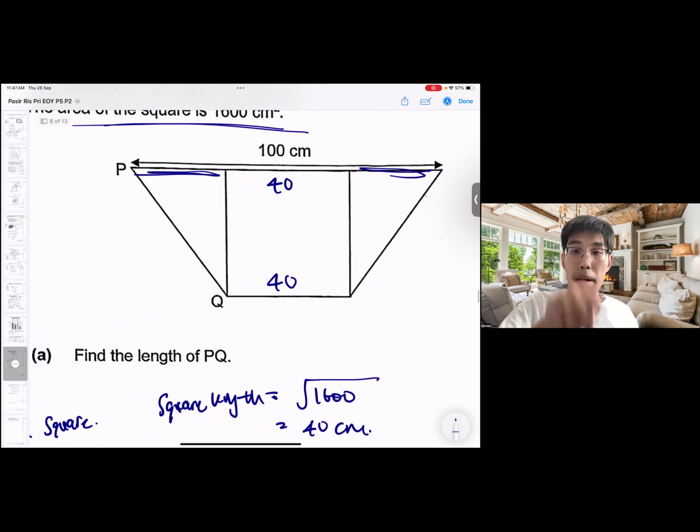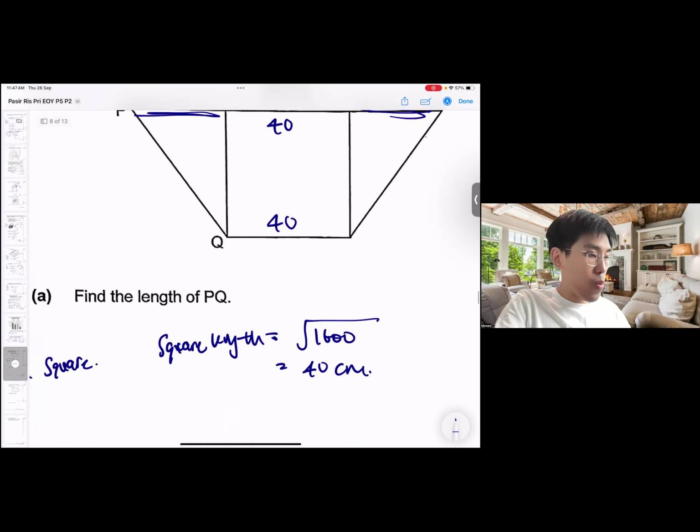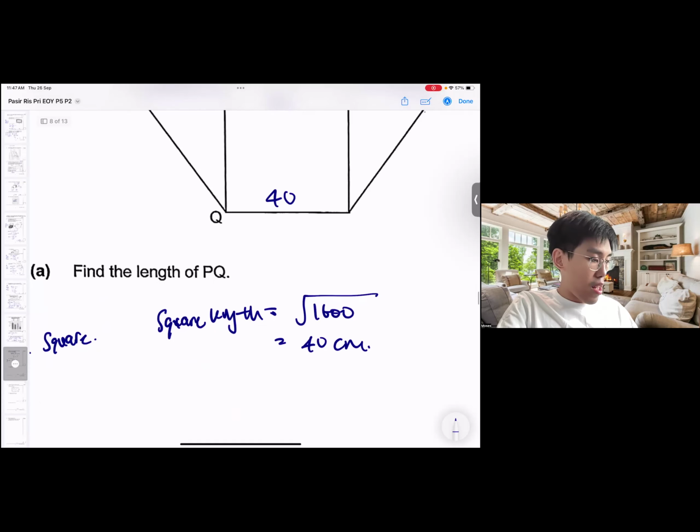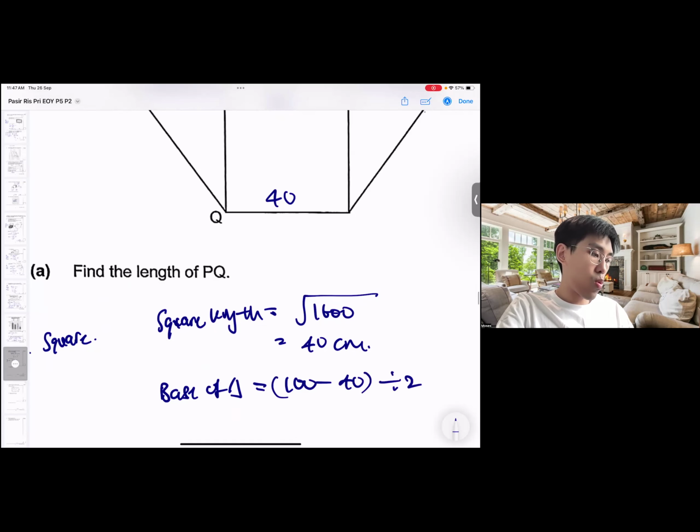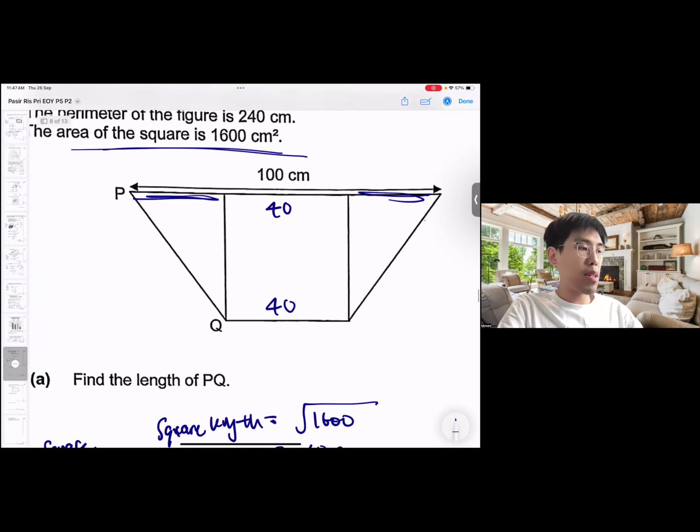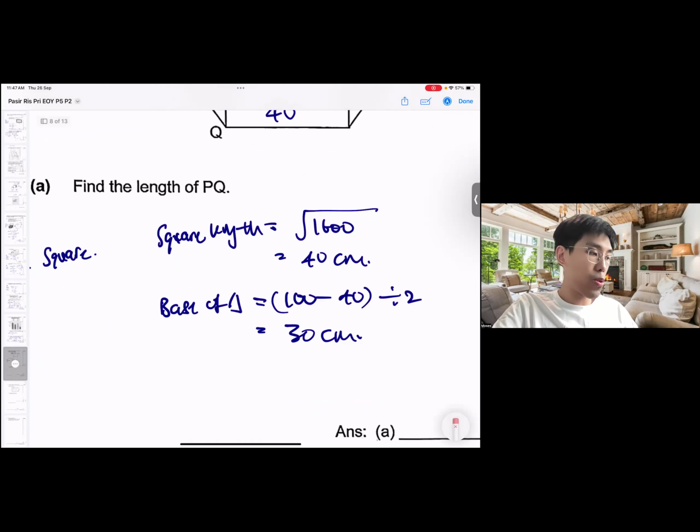Okay, so 100 minus 40 divided by 2 because there are two identical triangles. So we can find the base of the triangle, which is 100 minus 40 divided by 2, which is 30. That means one side here is 30, this is 30. Then now they tell us that the perimeter of the figure is 240. Then we will be able to find two PQs.